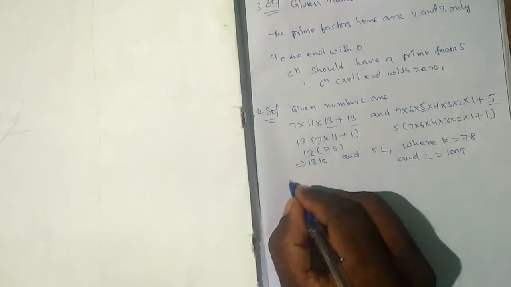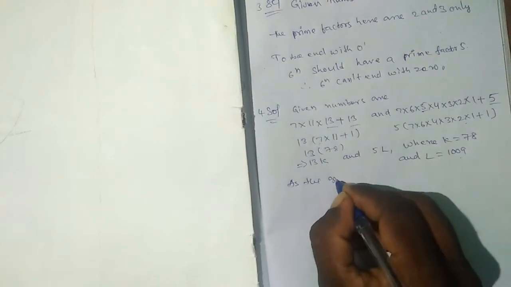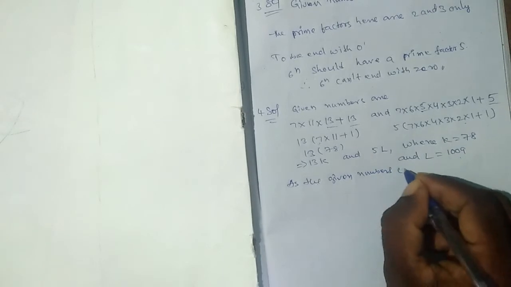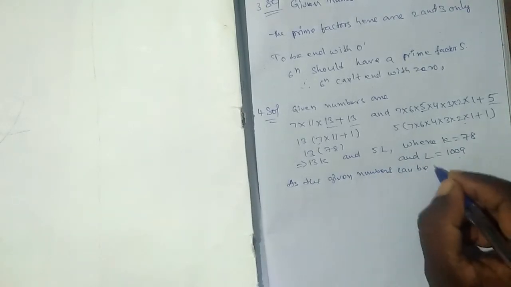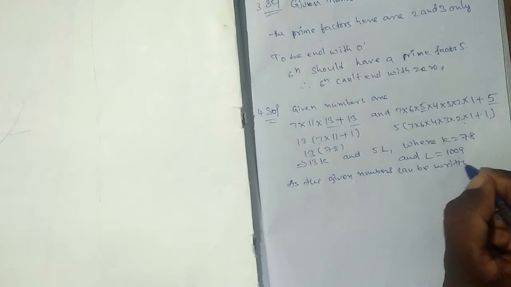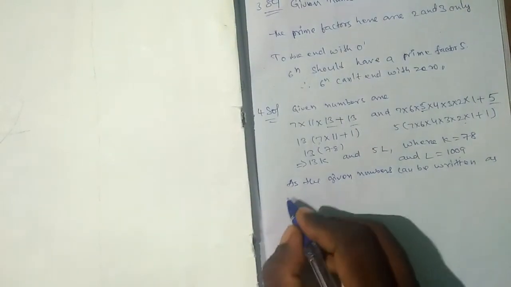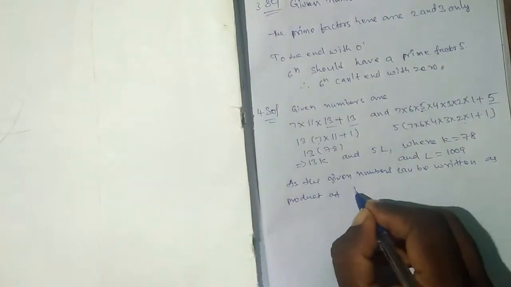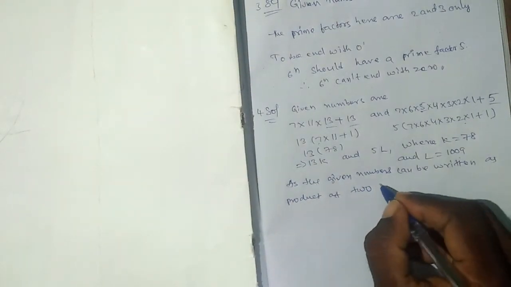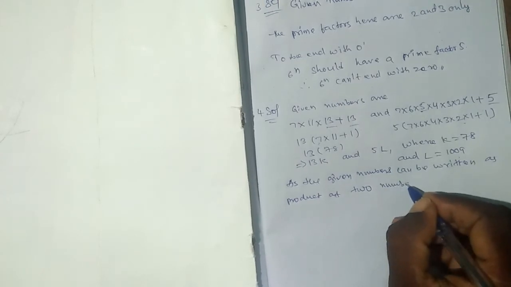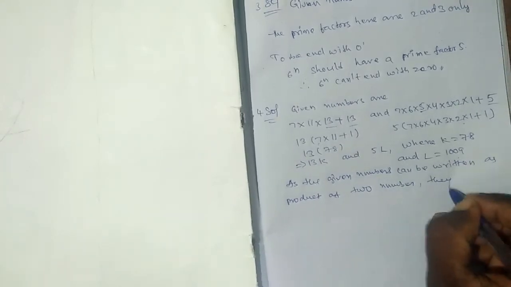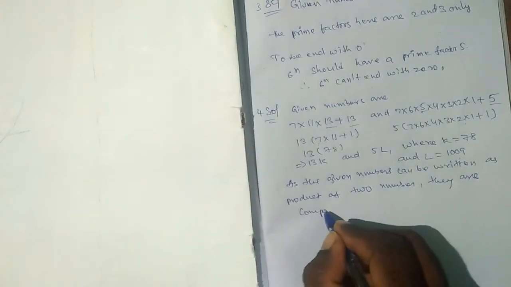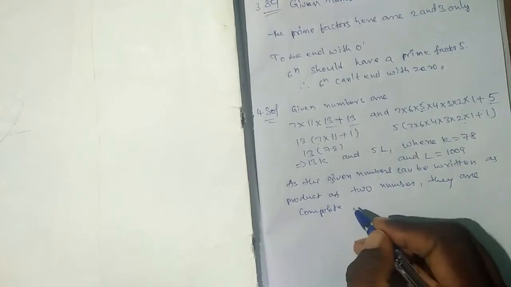As the given numbers can be written as a product of two numbers, they are composite numbers.